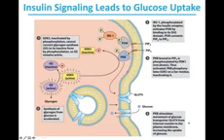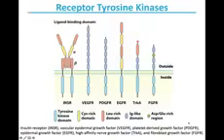And so PKB activation results in uptake of glucose, and this glucose is then converted to glycogen by glycogen synthase. This is how insulin signaling results in glucose uptake and glycogen synthesis.